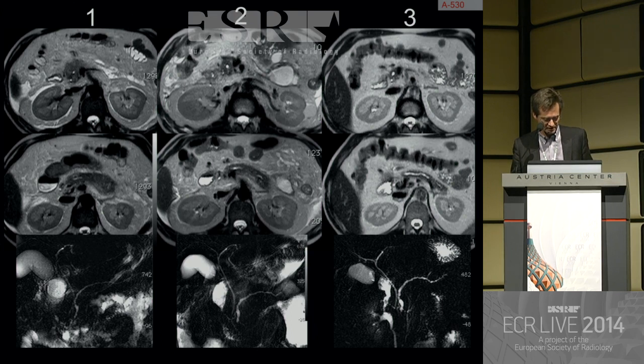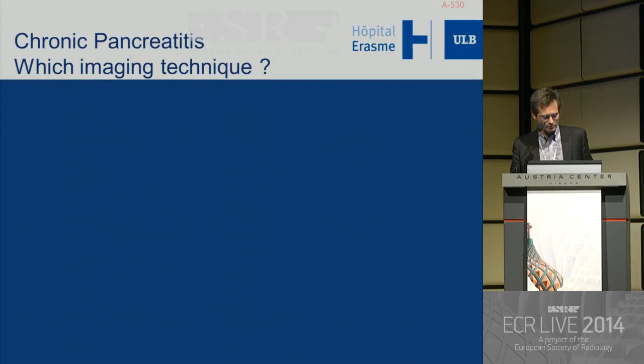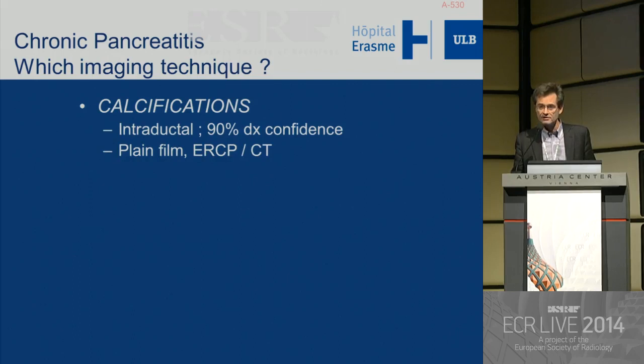to chronic pancreatitis. Now, which imaging technique should we apply to investigate this entity? Indeed, the imaging technique depends on what we want to see. If you want to look for calcifications, which in reality provides the best diagnostic confidence, at least up to 90%, you may use plain films.